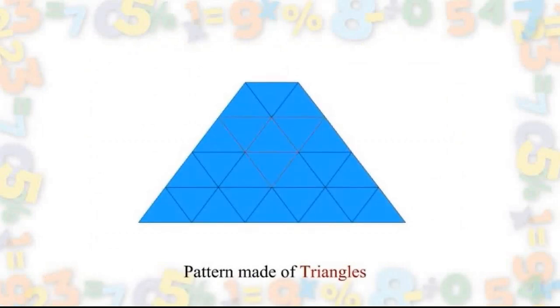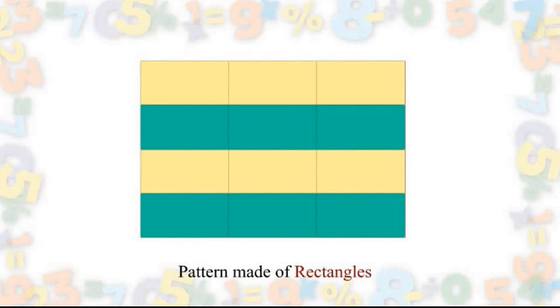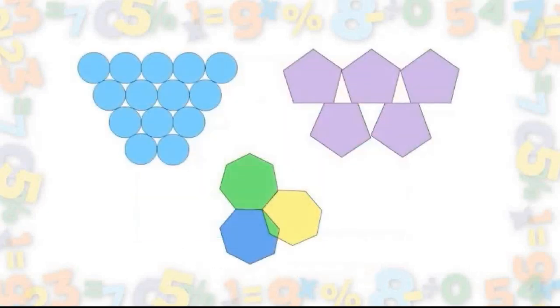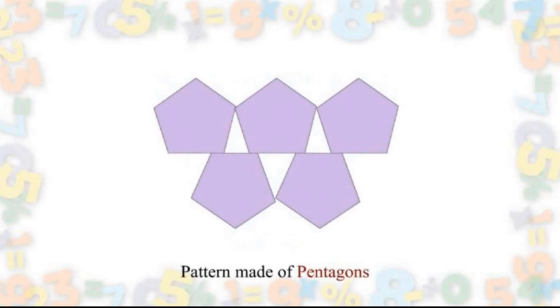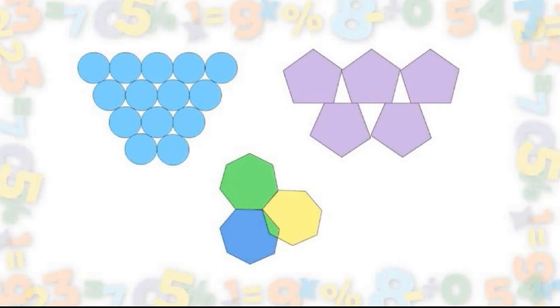Patterns made with triangles, squares, and rectangles can form tessellations. Not all shapes can form tessellations. Patterns made with circles, pentagons, and heptagons do not fit together without leaving gaps or spaces between them, and so cannot form tessellations.